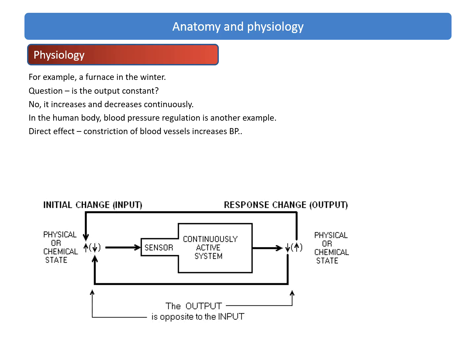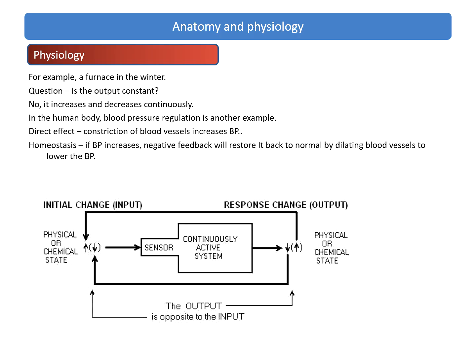The direct effect would be that constriction of blood vessels increases blood pressure. Now you'll understand this when we get to the cardiovascular system. Homeostasis, however, regulates the blood pressure. If blood pressure increases, negative feedback will restore it back to normal by dilating blood vessels.